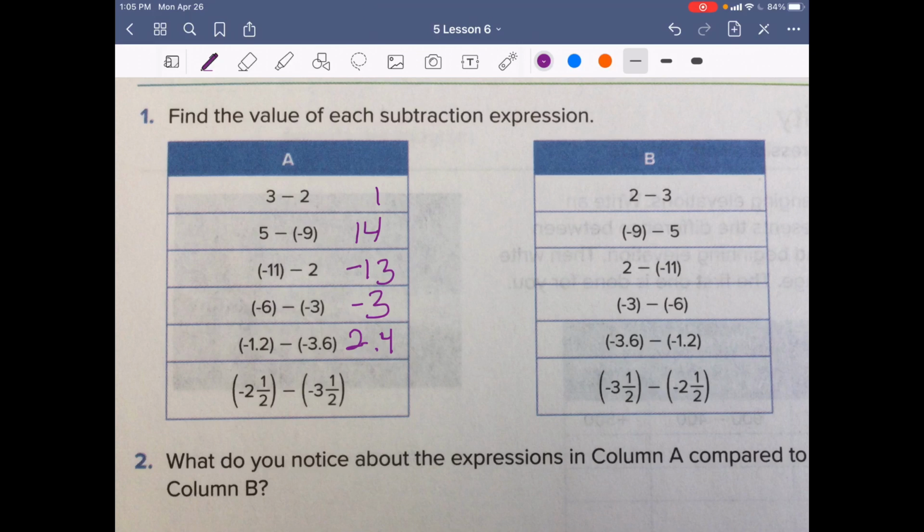And our next one, negative 2 1/2 minus negative 3 1/2. We have a double negative, so that's going to be added. These halves are going to cancel themselves out. And then 3 minus 2, our answer would be 1.